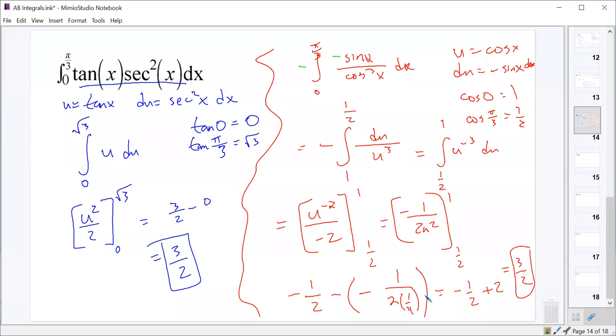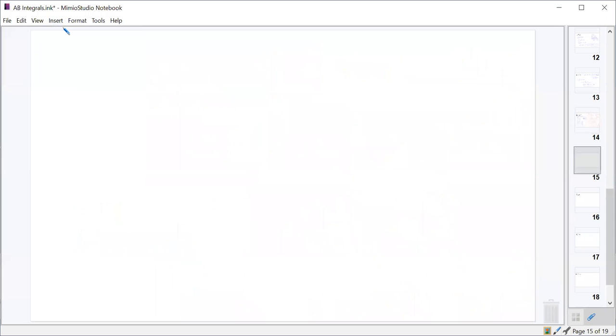Okay, moving on to the next one. Now, let's see if we can find another way to do this. Anybody see another substitution that would work out nicely, without rewriting any of the trig?